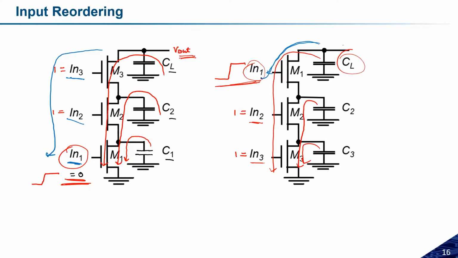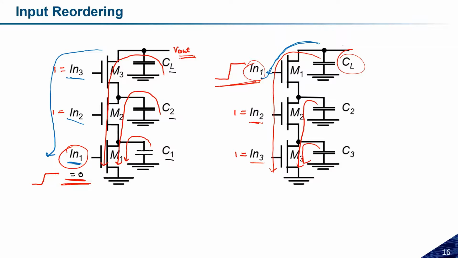Okay, sir. So we can say that the shorter the critical path is, the better it is. Yes, perfect. The shorter means it will have less capacitances, and if we have less internal capacitances, the propagation delay will be less. So ideally the critical path should be as small as possible.